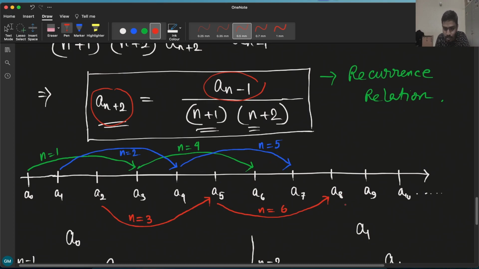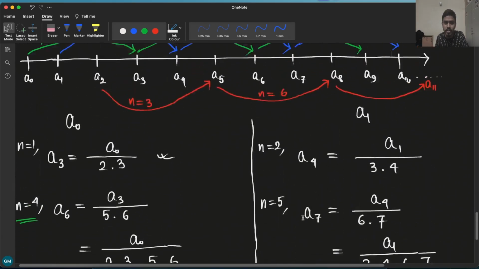So in this way A8, and then A11, these terms will be 0, and the terms like A0, A3, A6, A9, and A10 will be surviving. So what we got is basically two series.